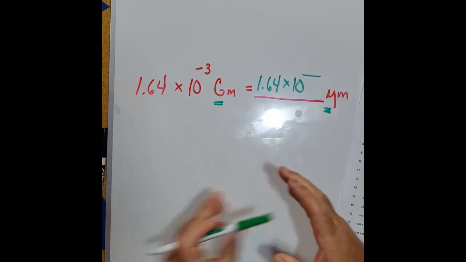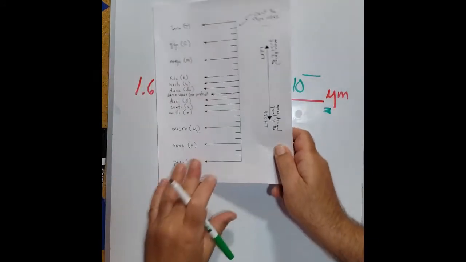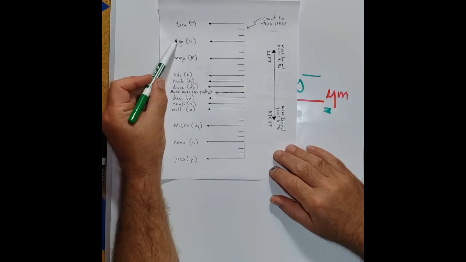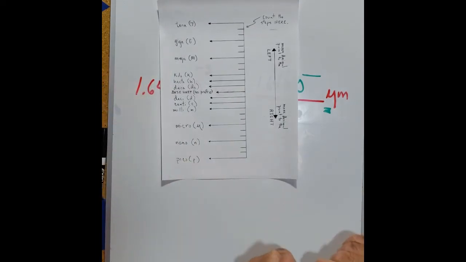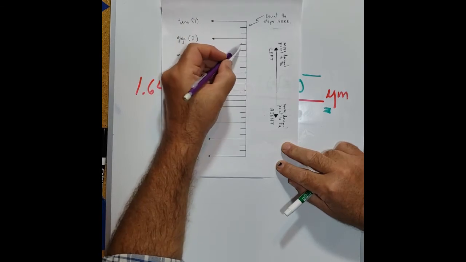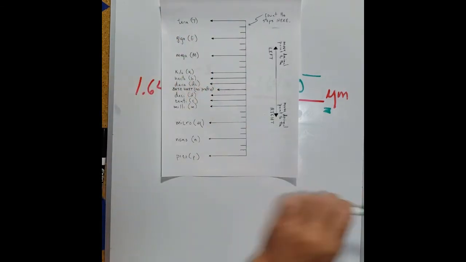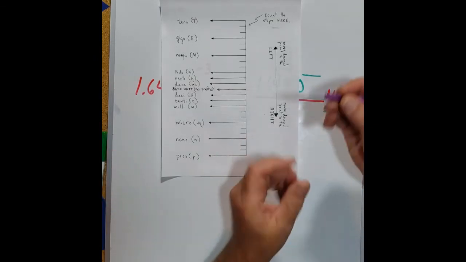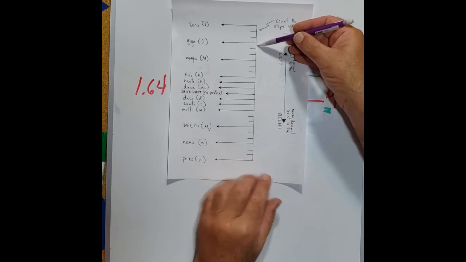So let's pull out our metric ladder chart. Right here. Giga's up here, micro's down here. How many steps between giga and micro? Let's start here, giga, and we're going to go 1, 2, 3. I'm left-handed, and for me to do this right-handed is a little difficult. All right, so let's go here, giga to micro.